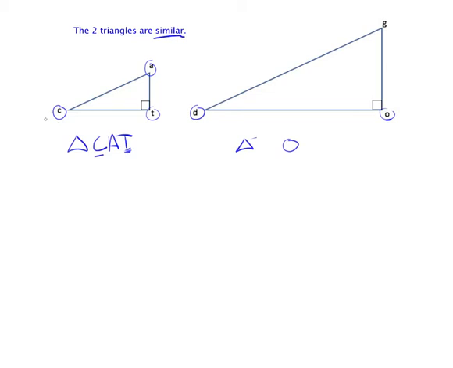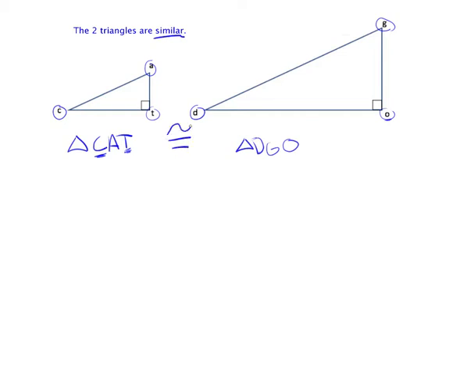Then my C corresponds with the D, so that's the beginning of it. So that would be D, and then the A corresponds with the G up here. So it's D, G, O, and those are now similar.